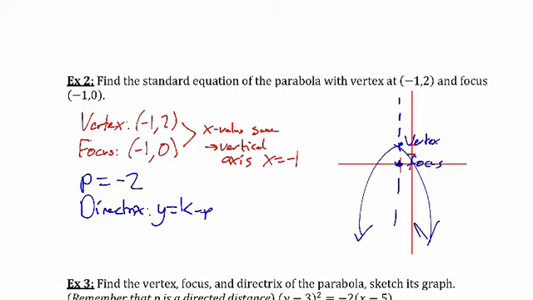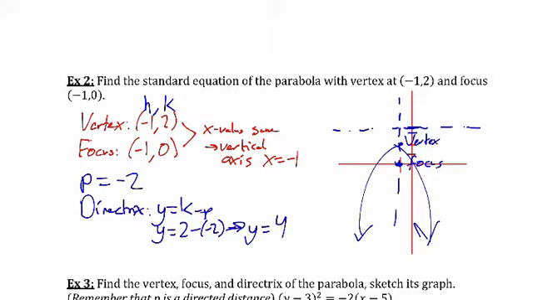Now remember, the k comes from the vertex, so the y value of the vertex. So it's going to be y equals 2 minus our p-value of -2, which means y equals +4.